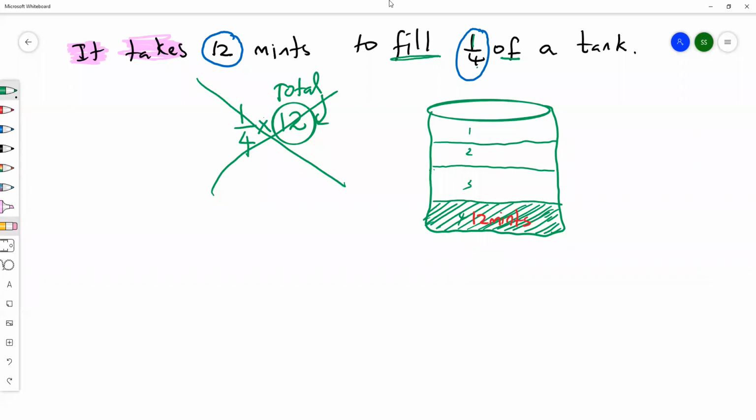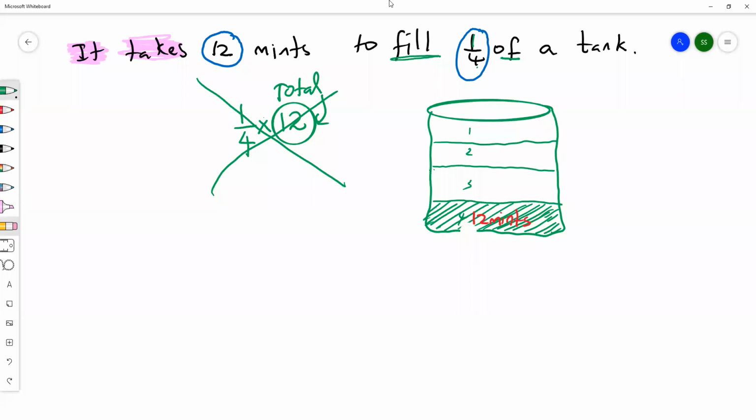Find the time it takes to fill the whole tank. Yes, see.